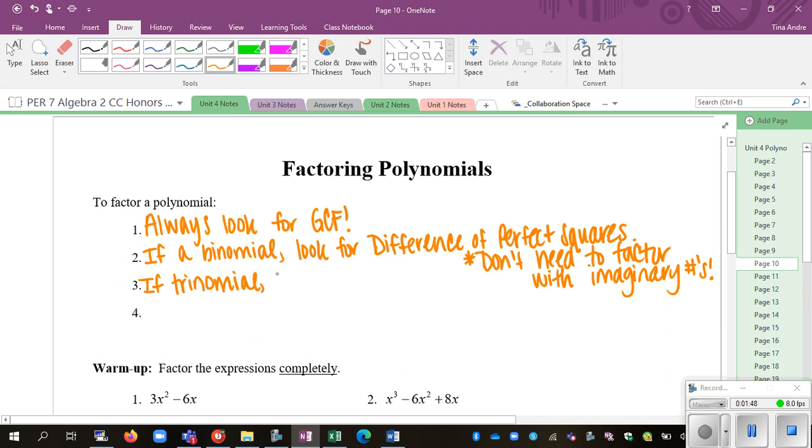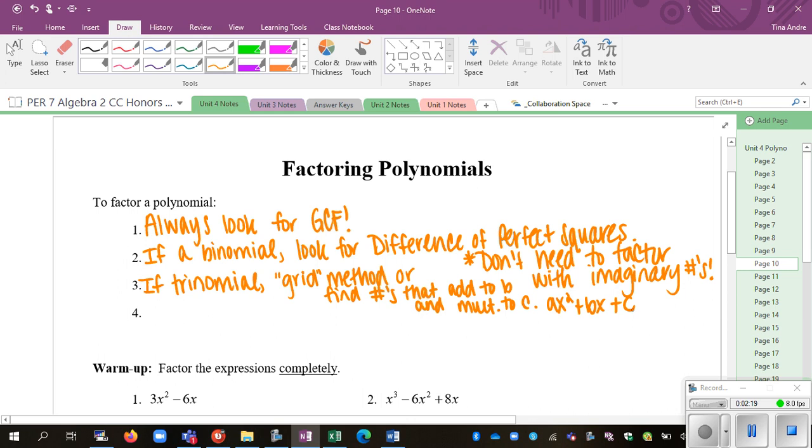So I'm going to say grid method or find numbers that add to B and multiply to C. So meaning if it's ax squared plus bx plus c.